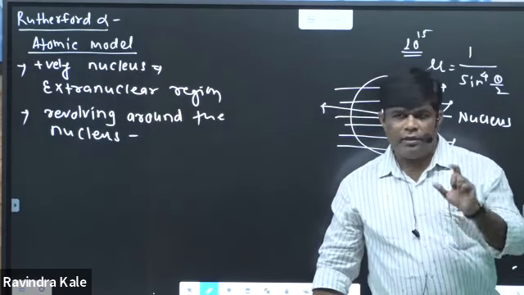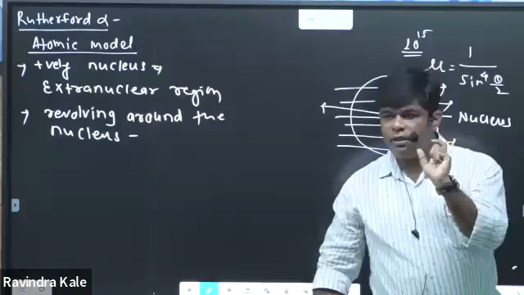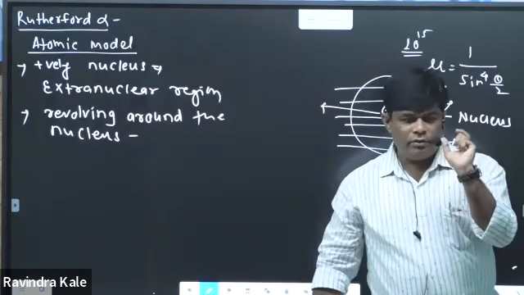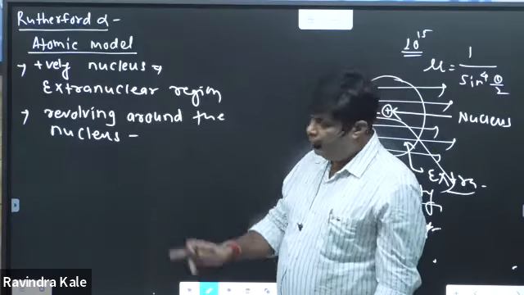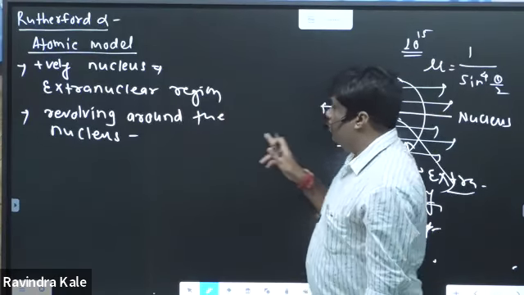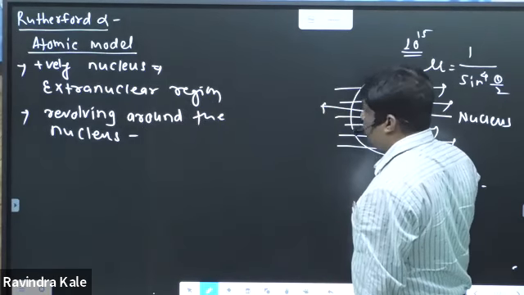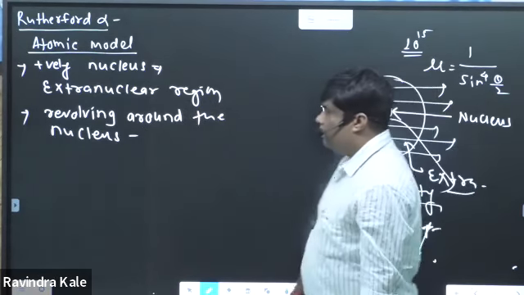What did he say about planets in the solar system? Planets revolve around the sun. Like that, electrons are also revolving around the nucleus without radiating energy. I will explain that further ahead.